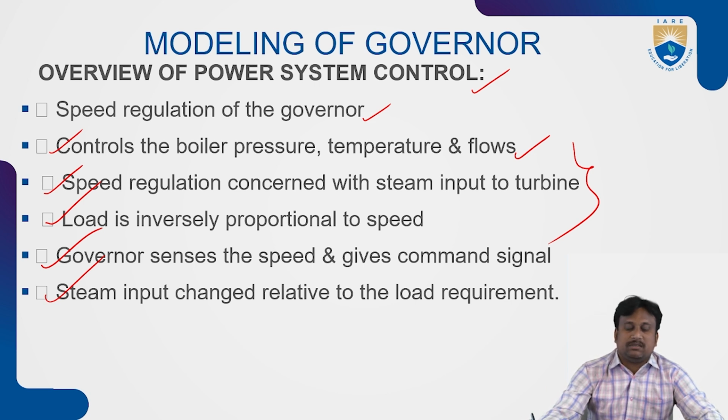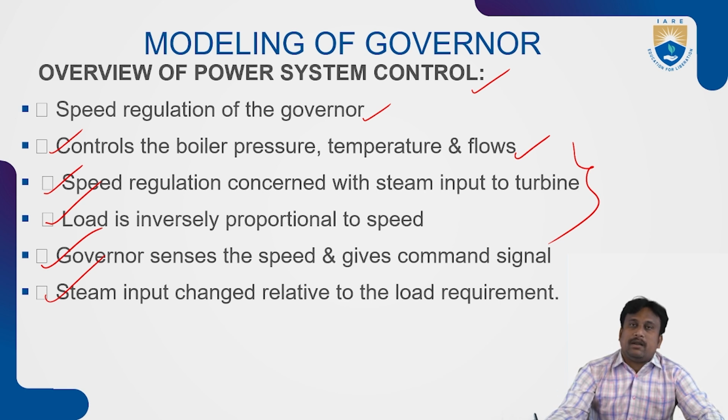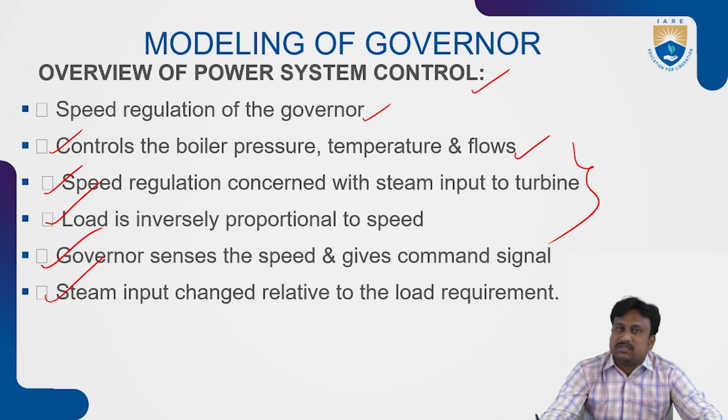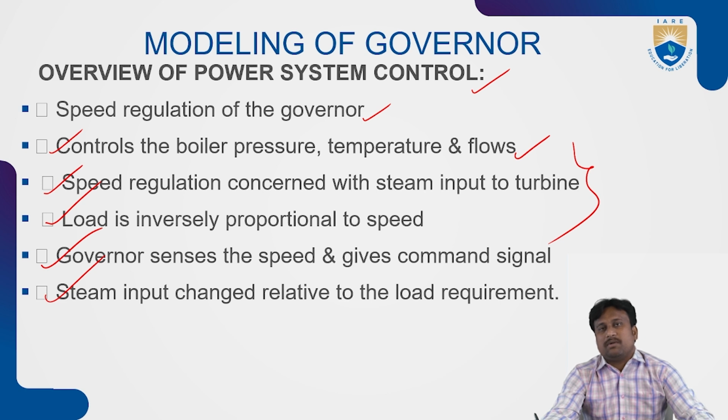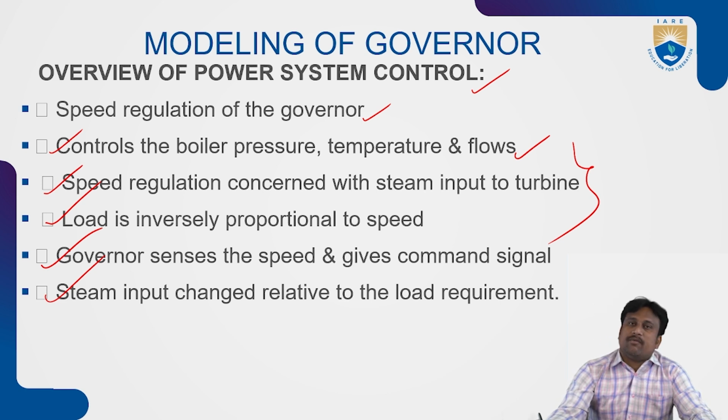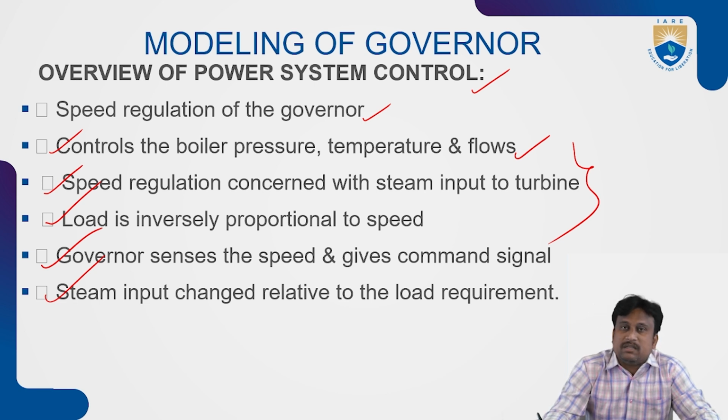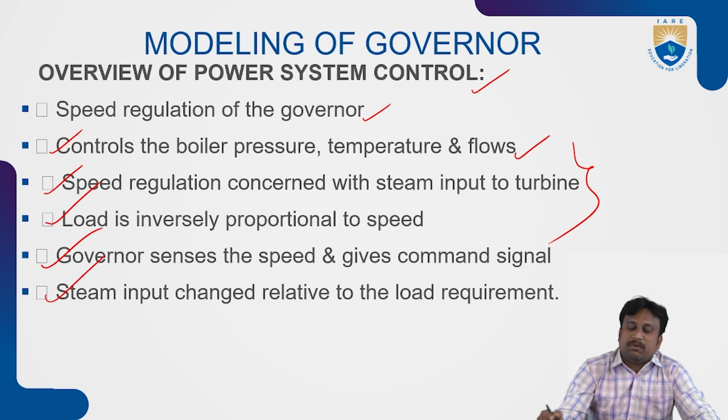Whenever there is regulation of the speed, the governor acts to control the boiler pressures, temperature variations, and the inflows and outflows of this mechanism. The regulation of the speed is related to the steam input to the turbine.